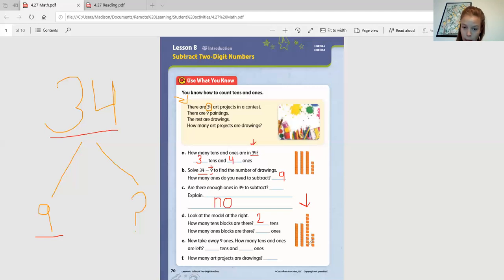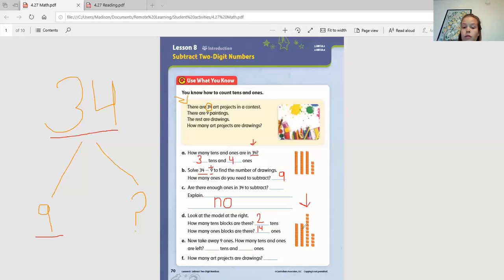Count along with me. 1, 2, 3, 4, 5, 6, 7, 8, 9, 10, 11, 12, 13, 14. 14 ones. We could have also known that by knowing that this 10 was going to be 10 ones. So we could have started with 10, 11, 12, 13, 14. We could have counted up just from 10 too.